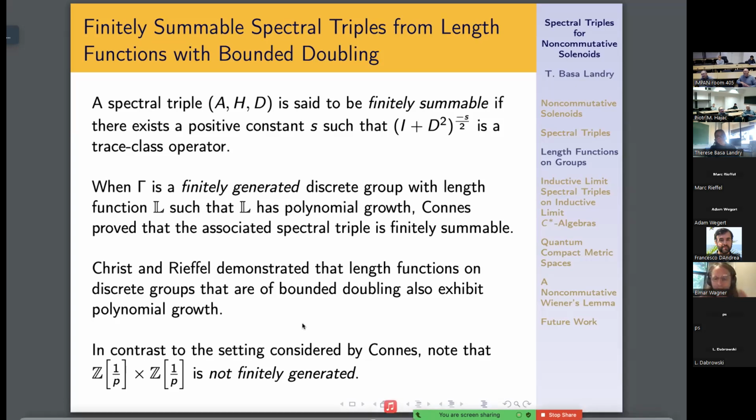The Dirac operator has to have bounded commutators. Then from a summable spectral triple, you get a summable Fredholm module, provided this operator F from the Fredholm module comes as the sign. Yes, of course.